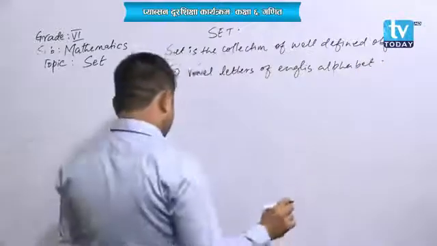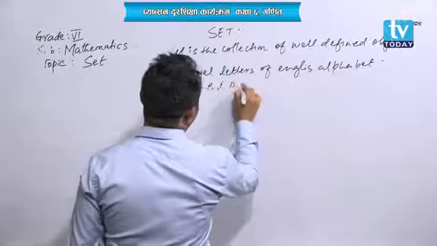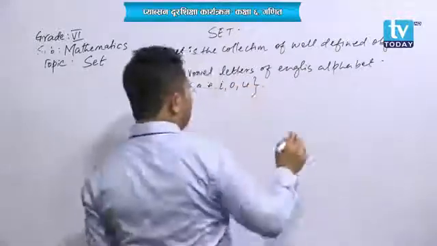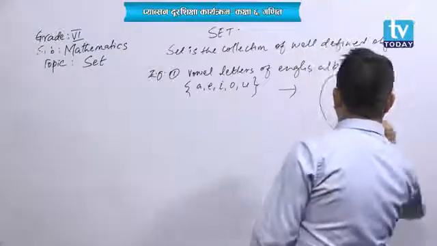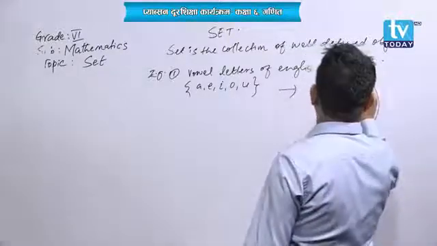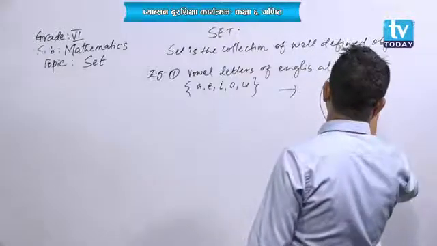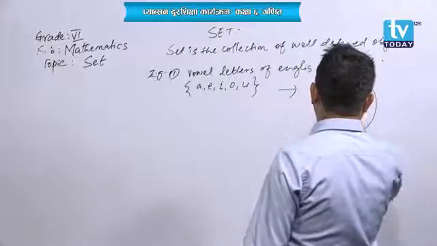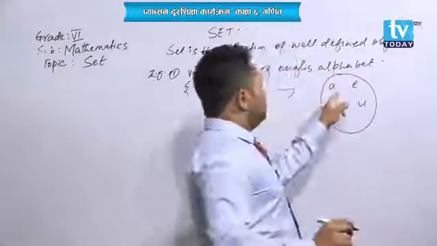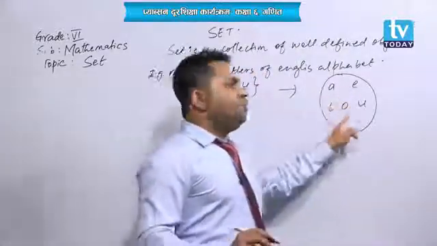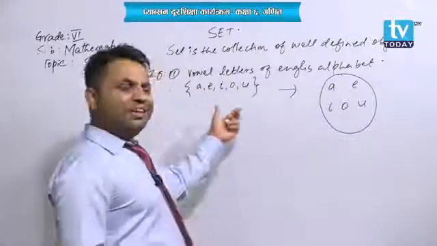That is, these are A, E, I, O, U. These are the 5 letters which are vowels in the English alphabet.